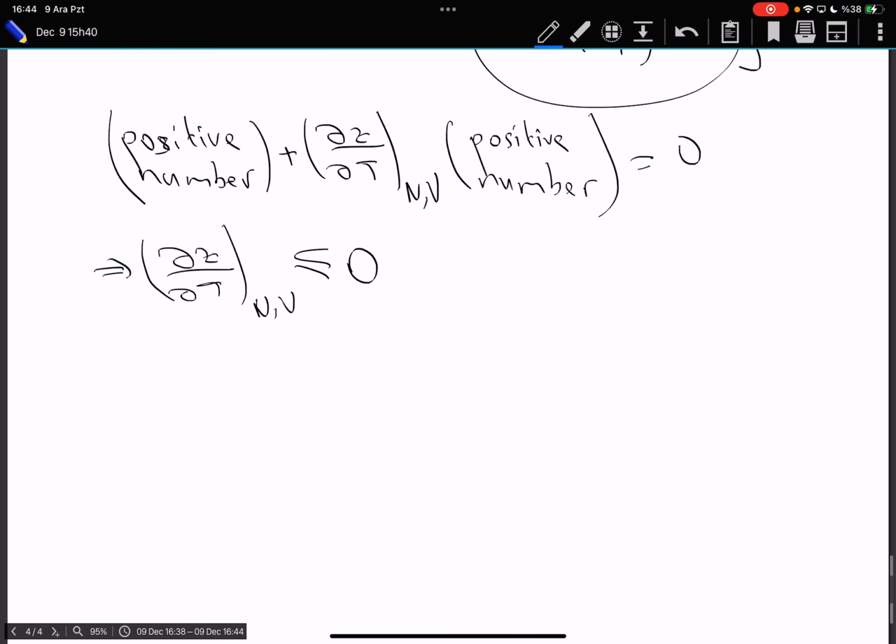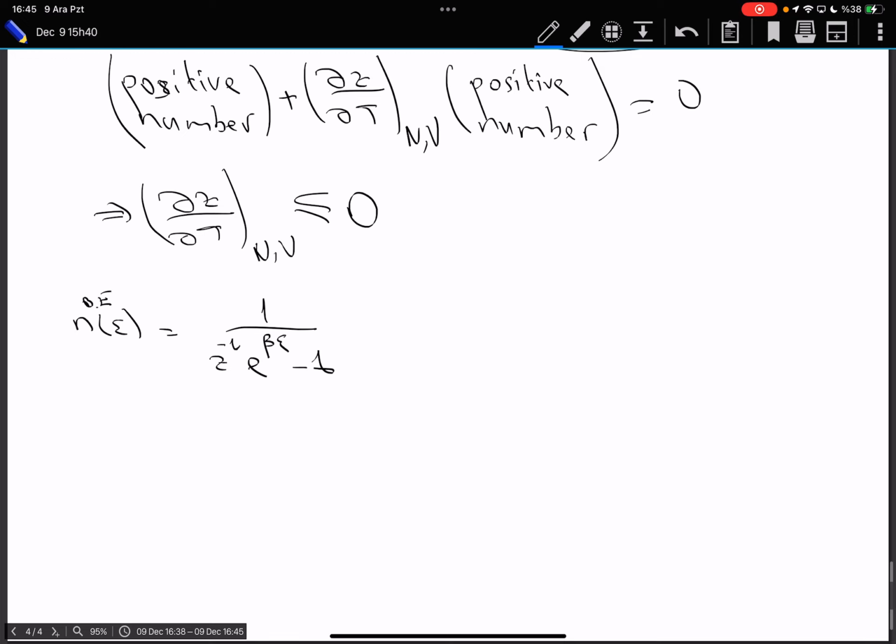But remember, if you look at this n epsilon, the Bose-Einstein distribution, this is 1 over z to the power minus 1 e to the power beta epsilon minus 1. This is the occupation number. And z inverse e to the power beta epsilon should be larger than or equal to 1. In fact, it has to be larger than; even equal to is problematic. We will come to that later on. It has to be larger than 1.